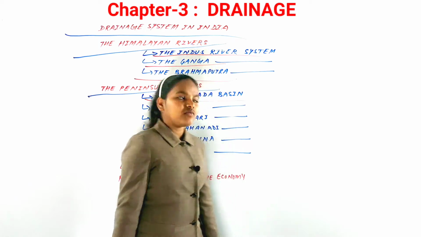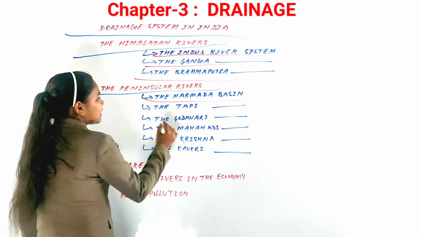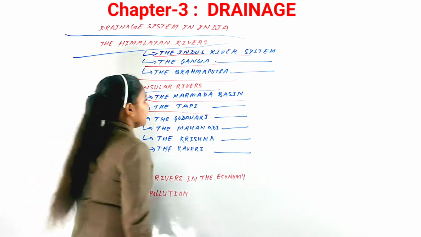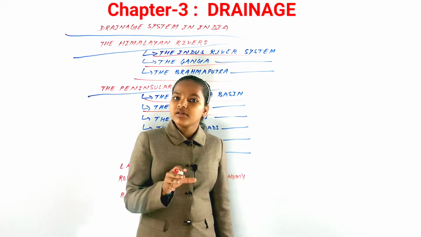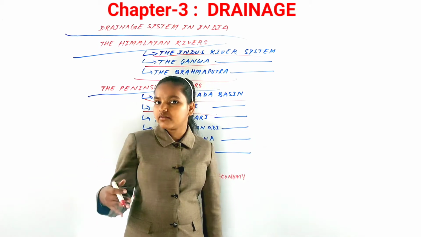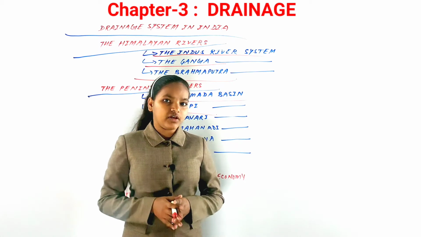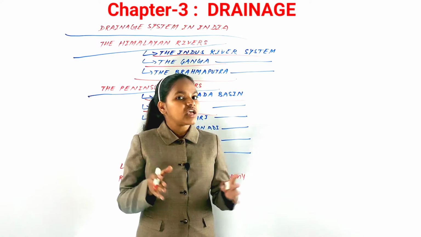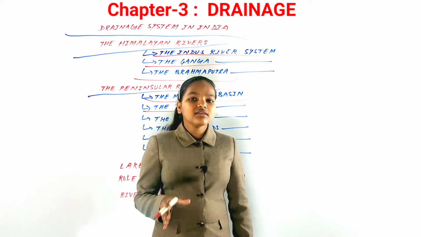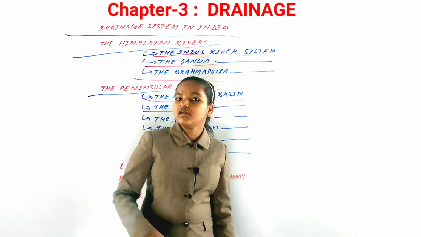Now the next river that we are going to discuss is the Tapi Basin. This Tapi River is also known as the Tapti River in some places of our country. So don't get confused between Tapi and Tapti, because both names are correct. Now this Tapi River flows parallel to the Narmada River.